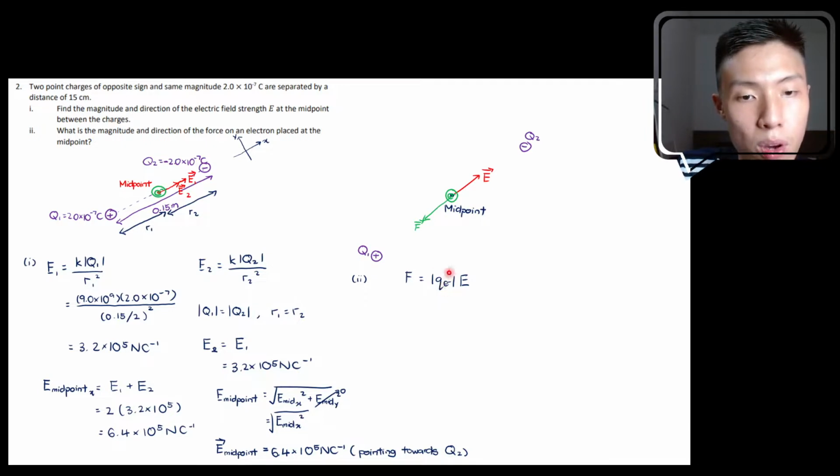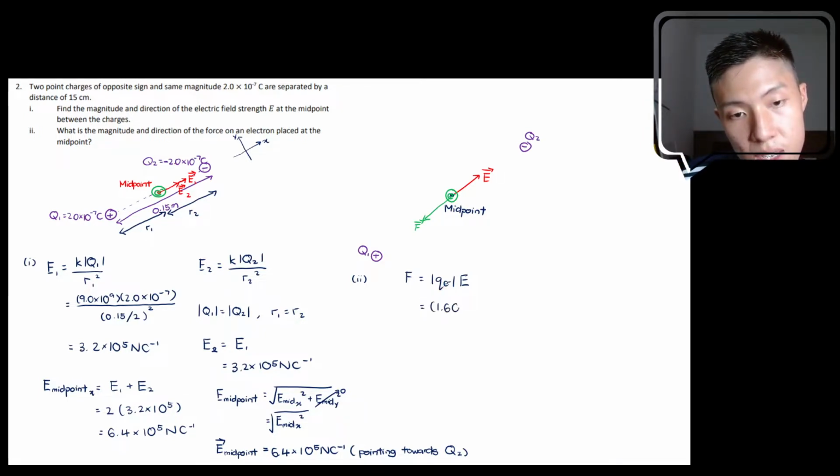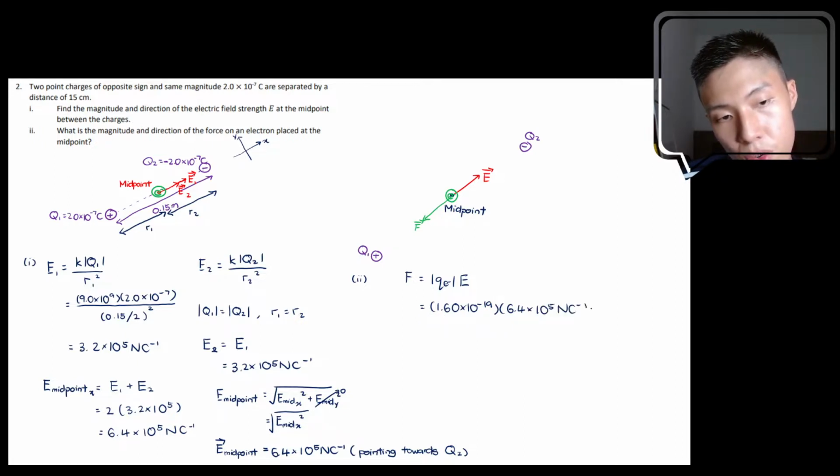What we need to put in here is just the value without the sign. So we put in 1.60 times 10 to the power negative 19. This is in your constant sheet. E is the electric field that you determined just now, 6.4 times 10 to the power of 5 Newton per Coulomb.